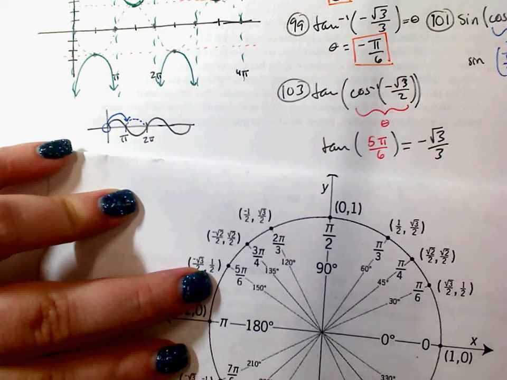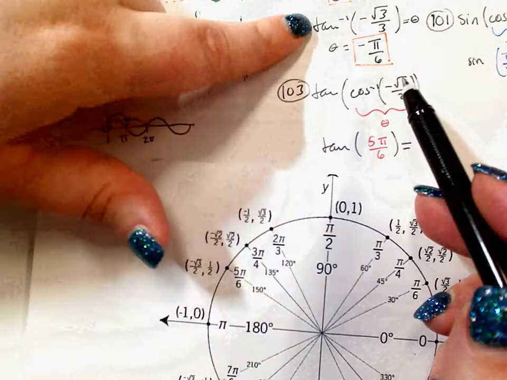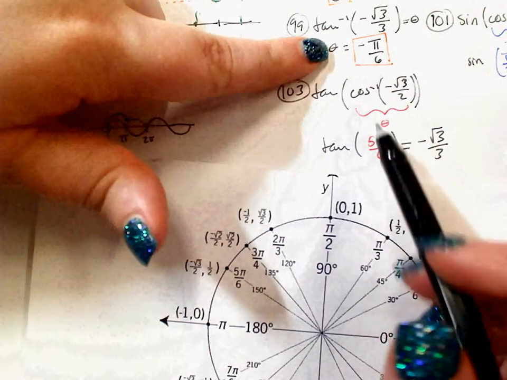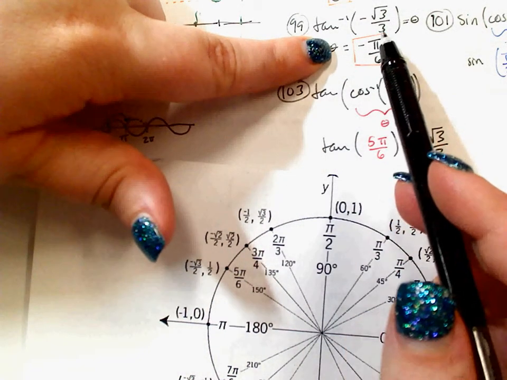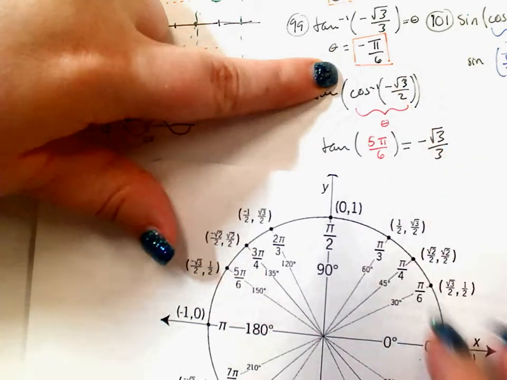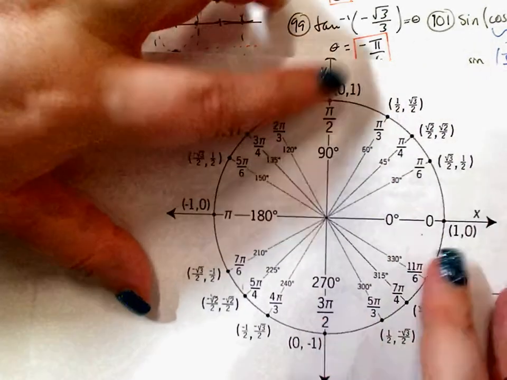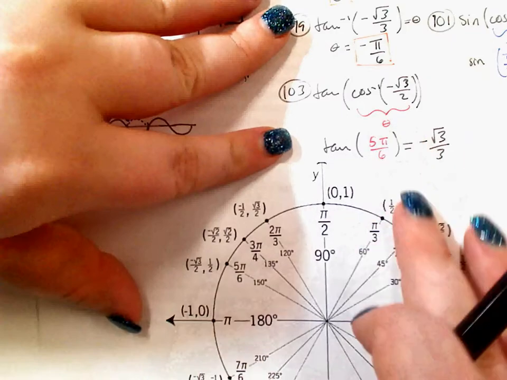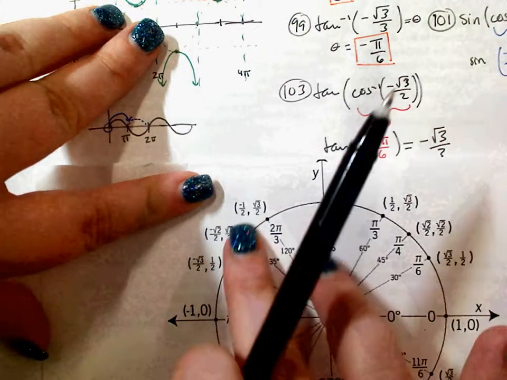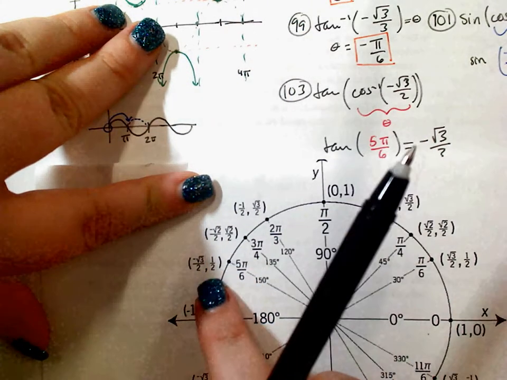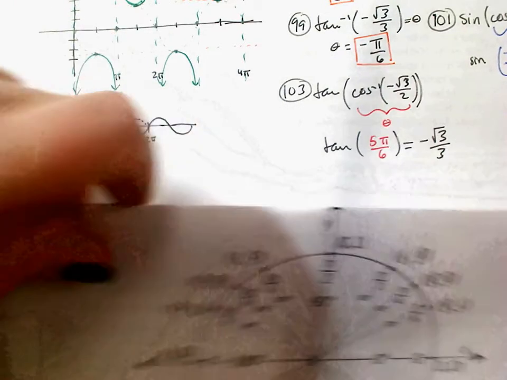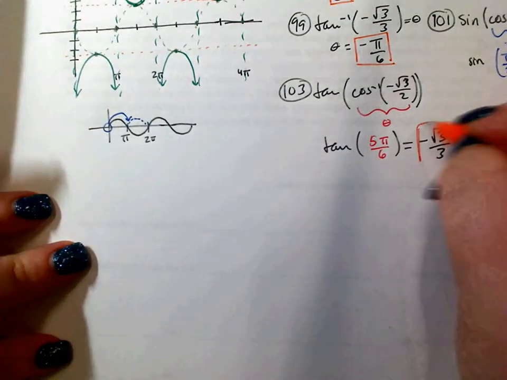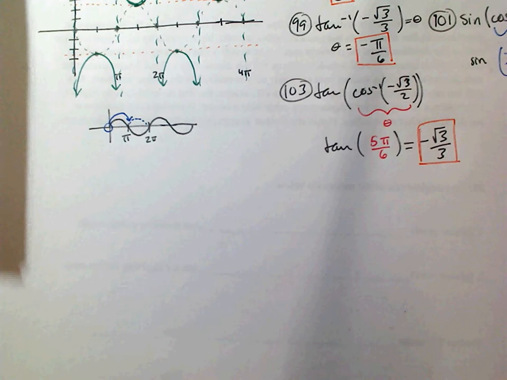So these are different answers, 99 and 103, even though this is tangent inverse of negative square root of 3 over 3, and that's at negative pi over 6 because tangent inverse only exists over here, whereas this one is just what's tangent of 5 pi over 6, and tangent exists everywhere, well, except for where cosine is 0. So tangent of that is negative square root of 3 over 3.